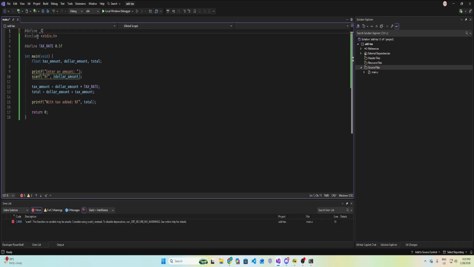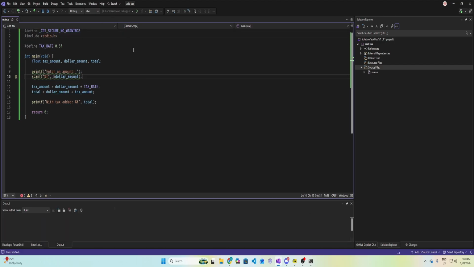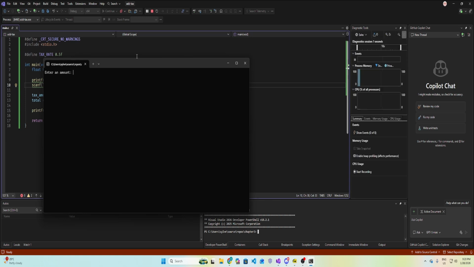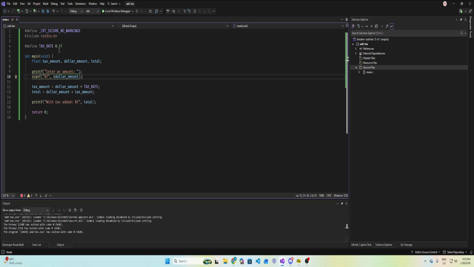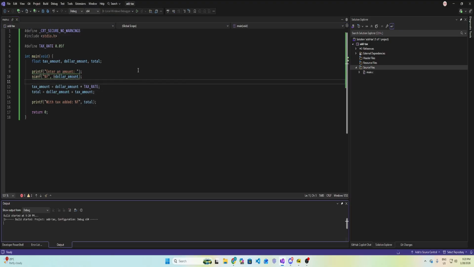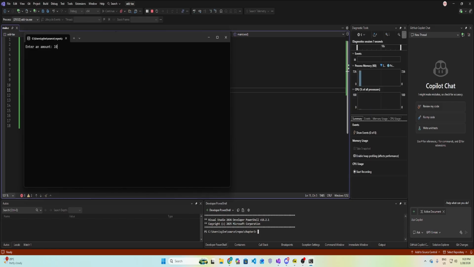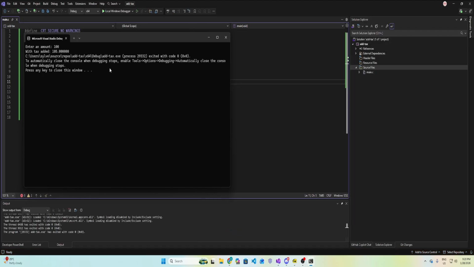Define underscore CRT underscore secure no warnings. Okay. Let's test. Enter an amount, 100. I made a mistake. There we go.